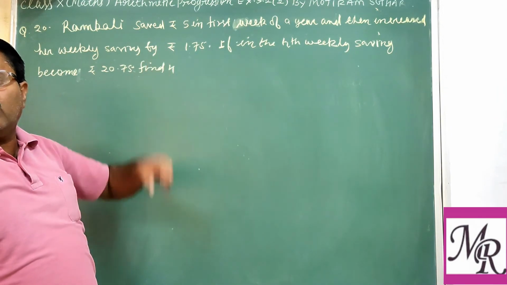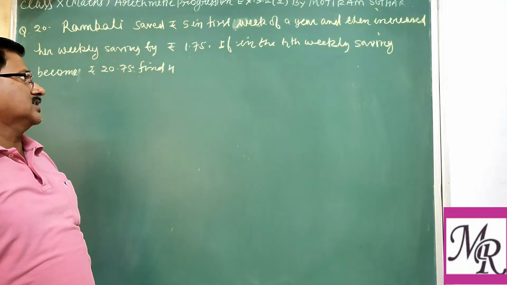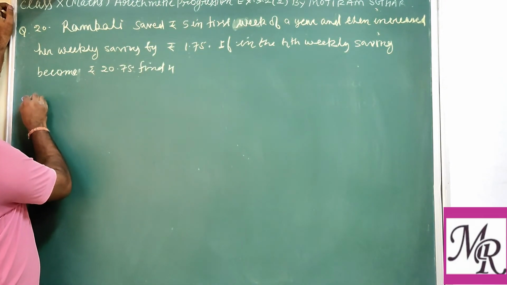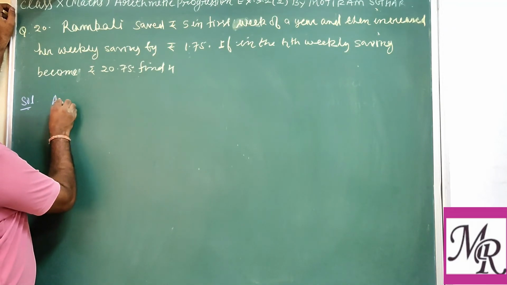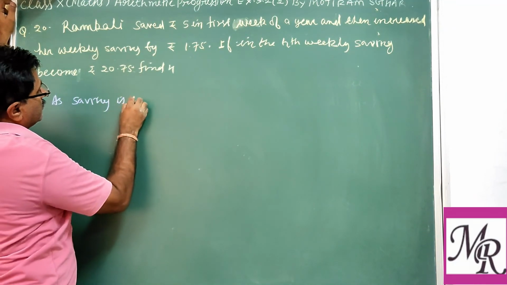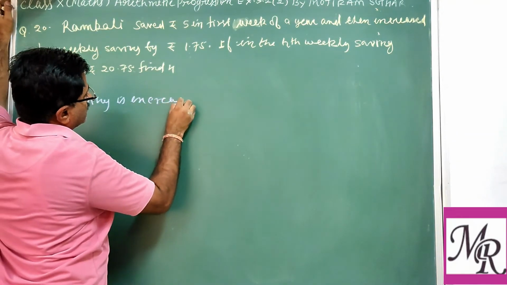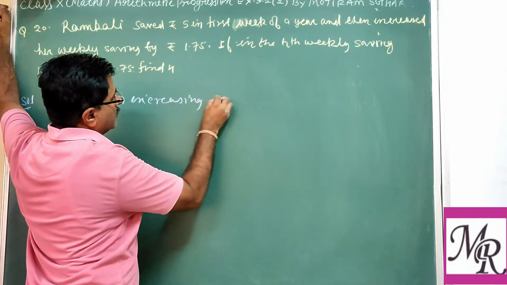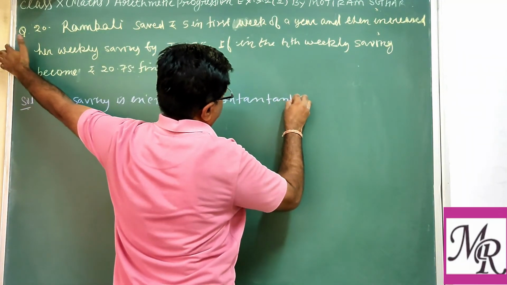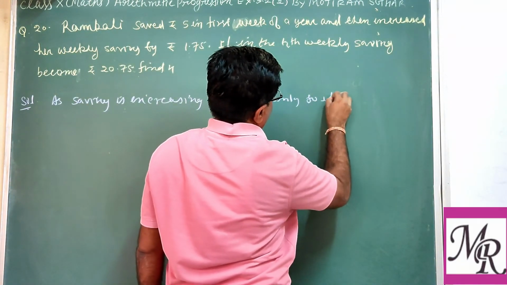So there is a constant increment in the saving. That's why it forms an AP. So here, in the solution, write: saving is increasing constantly, so it forms an AP.